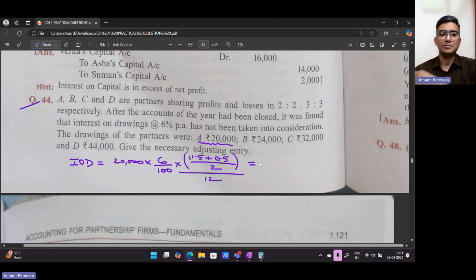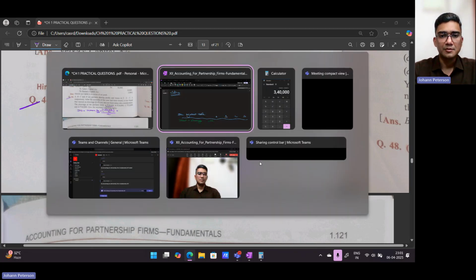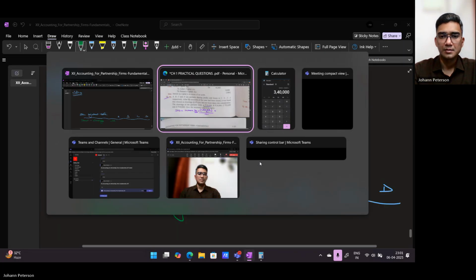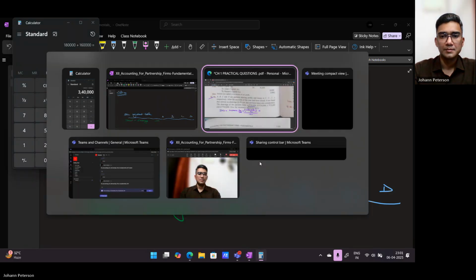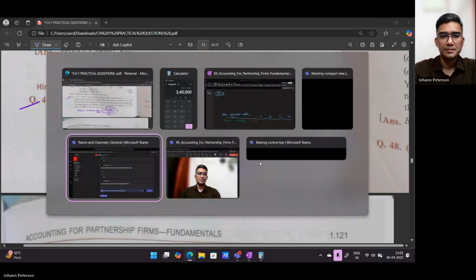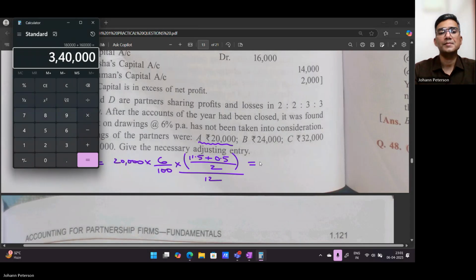So let's see what this comes out as. This is for A. 20,000 into 6 into this 12 by 2, which is 6. So into 6 again.